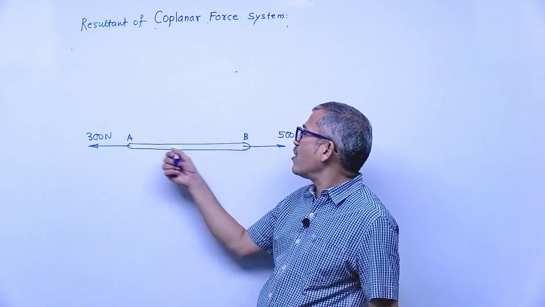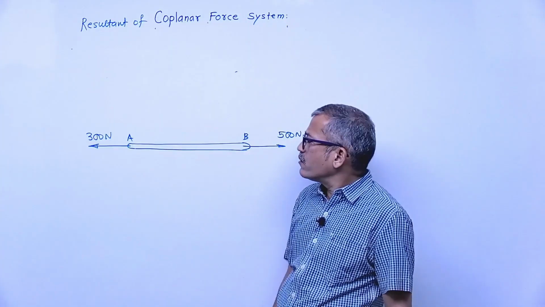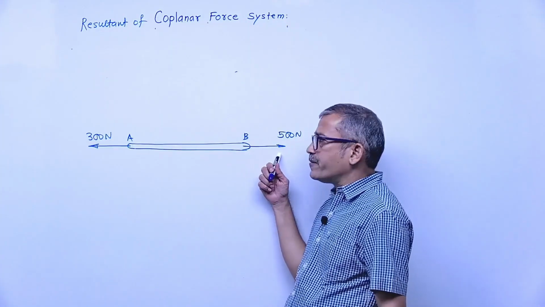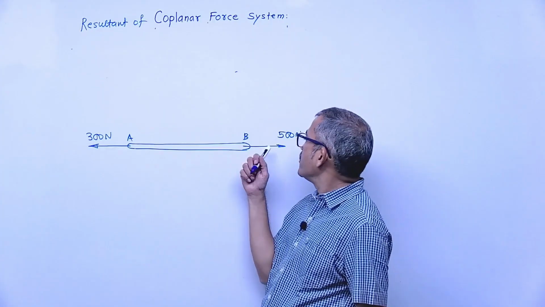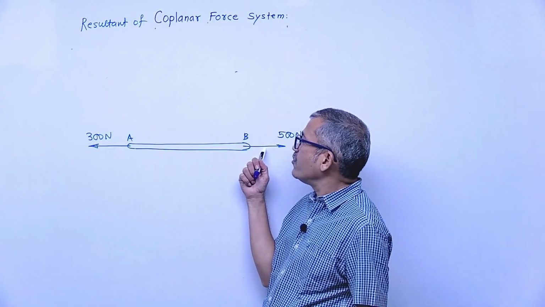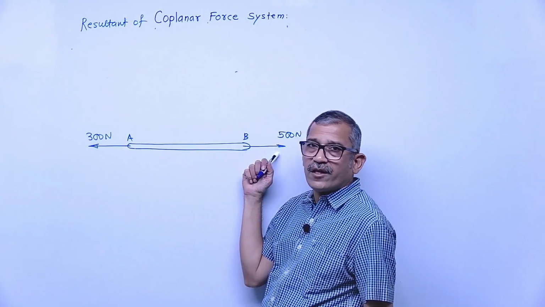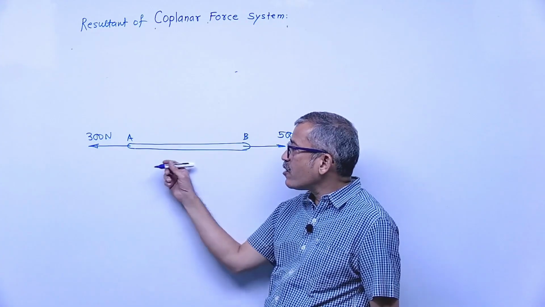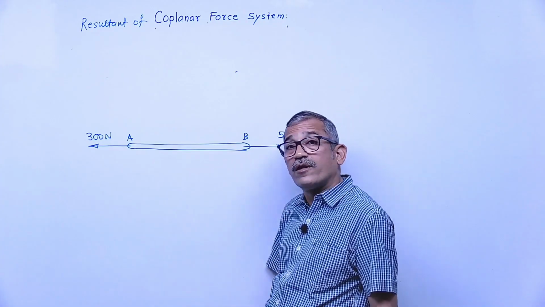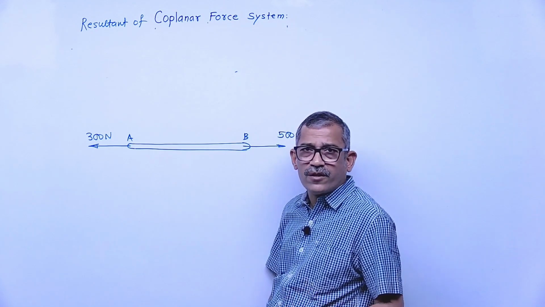So in which direction will this rod move? The answer is simple. This is 500, this is 300. So 300 Newton out of 500 gets balanced by this 300. What remains is 200. This rod will move in the rightward direction due to that 200 Newton force.